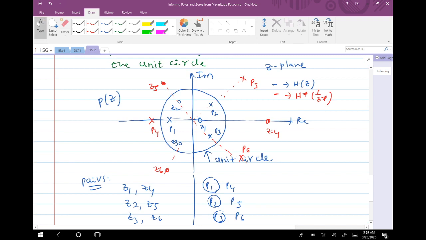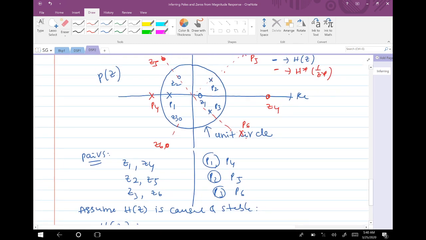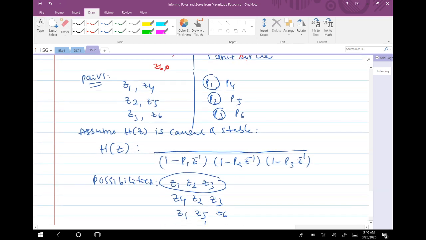So I repeat, you are given the H of Z, P of Z. So you have mirrored poles and zeros coming from H of Z, and you have double the pairs now, and among that you have only a limited number of possibilities. Depending on the characteristics of the system, you could narrow down to a minimal number of possibilities of values of poles and zeros that it can take.